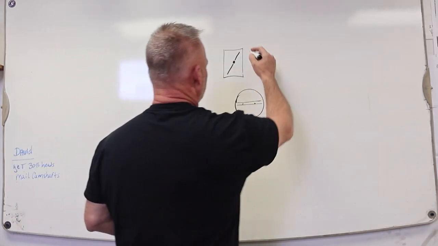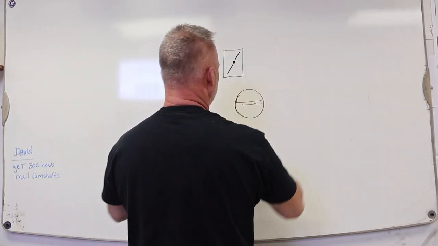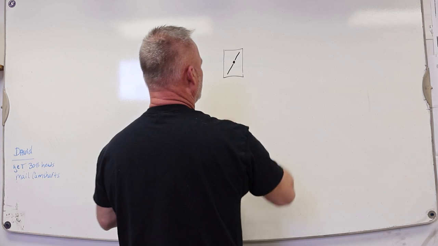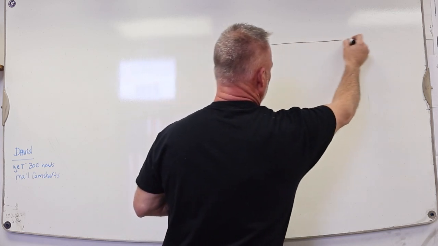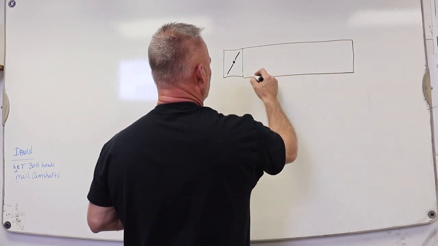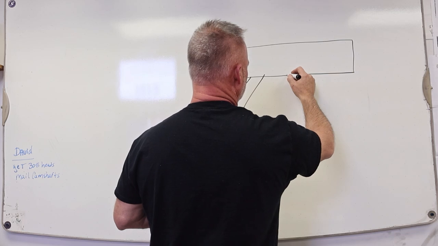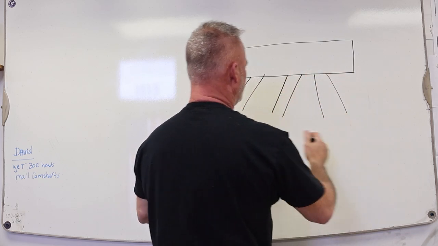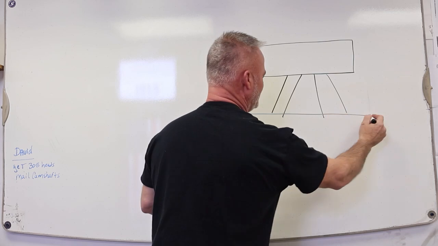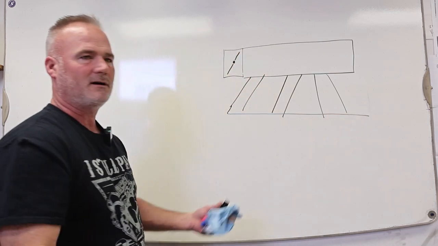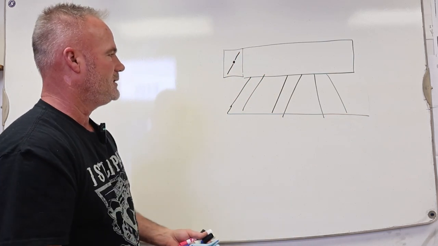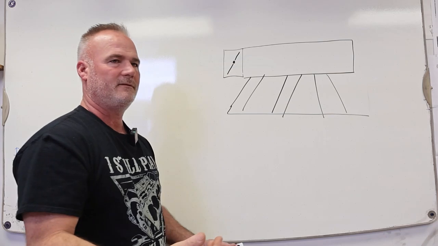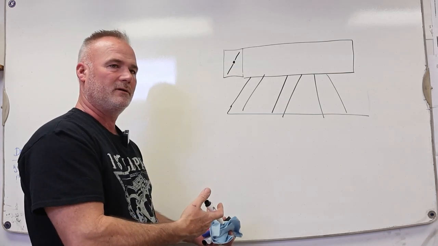We have an intake, and it could be all kinds of designs. You could have one big common plenum with equal length runners. Alright, we're dealing with a 3-cylinder today. How does it know?